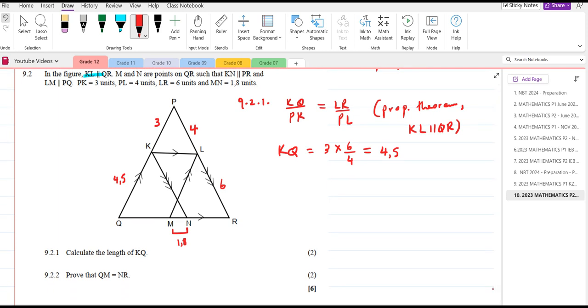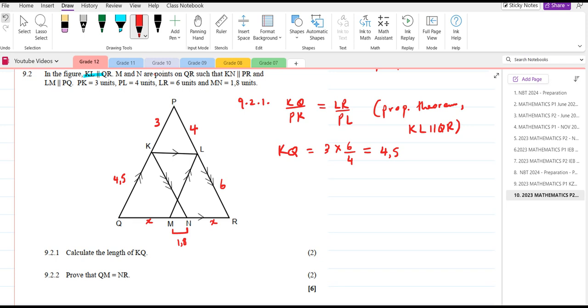Prove that QM equals NR. How is QM equal to NR? That should be X and that should be X. QM is equal to NR. Okay, so first thing we can see here is that we kind of have a parallelogram here, isn't it?